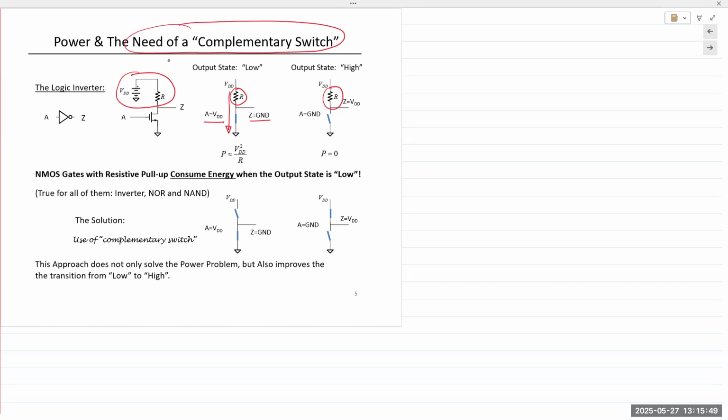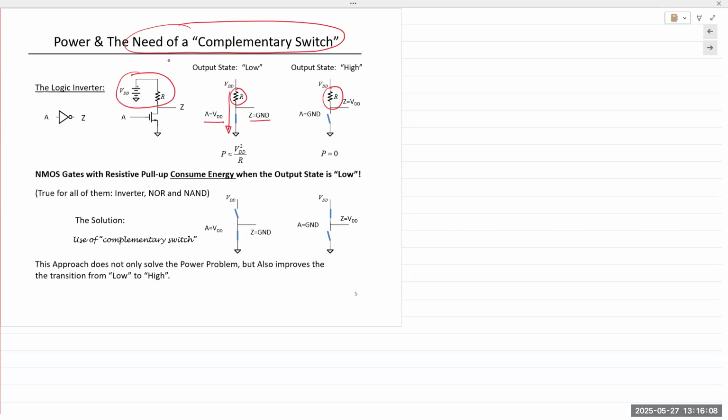Now, obviously, they were looking for a solution. And when they first decided, along with the NMOS transistor, to add a PMOS transistor instead of the resistor, we now have both PMOS and NMOS transistors. They complement each other, hence the name complementary MOS circuit.